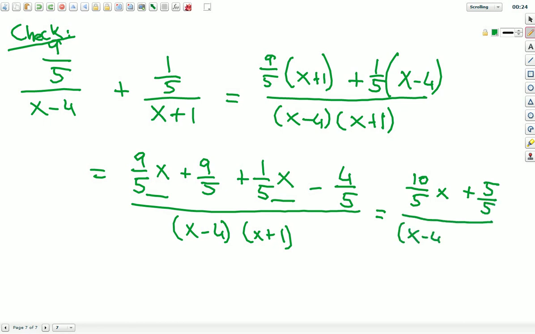The denominator remains x minus 4 times x plus 1. We end up with 2x plus 1 divided by x minus 4 times x plus 1. So that's it. I have just checked my answer, and it is true that 9/5 over x minus 4 plus 1/5 over x plus 1 is indeed 2x plus 1 over x minus 4 times x plus 1.